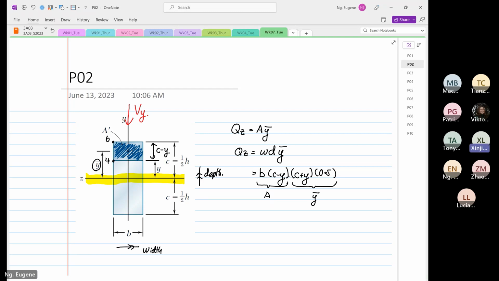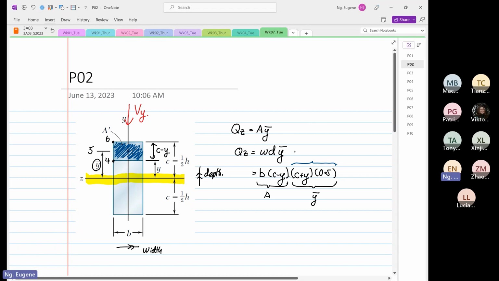Check is 5. Yes, it's equal to 5, and that is done by observation. If you apply this formula over here, C is equal to 6, Y is equal to 5 times by 0.5 is also equal to 5. So that's why Y bar is equal to 5.